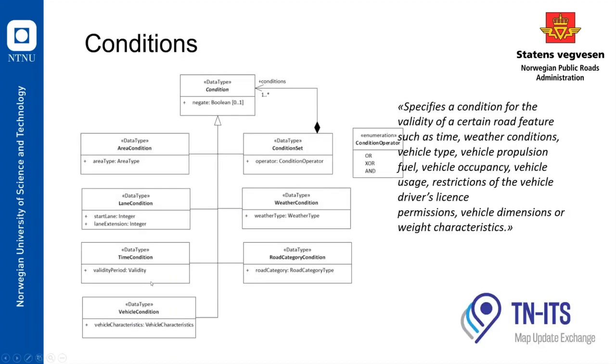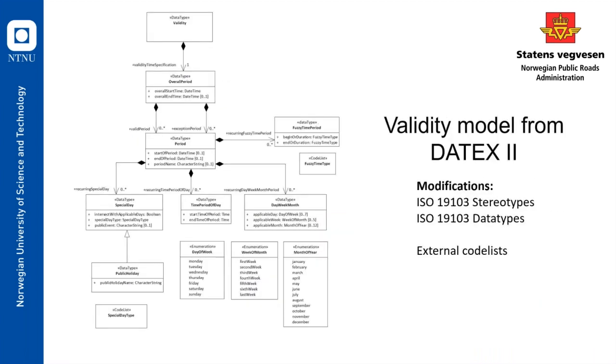DATEX II is developed on similar principles as ISO TC211 standards, with model-driven architecture using UML in a standardized way. However, it's not according to ISO TC211 standards, so we had to do some slight modifications to make it conform to ISO TC211 standards.